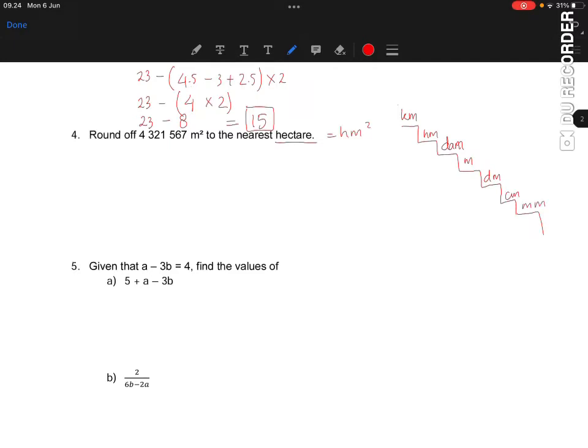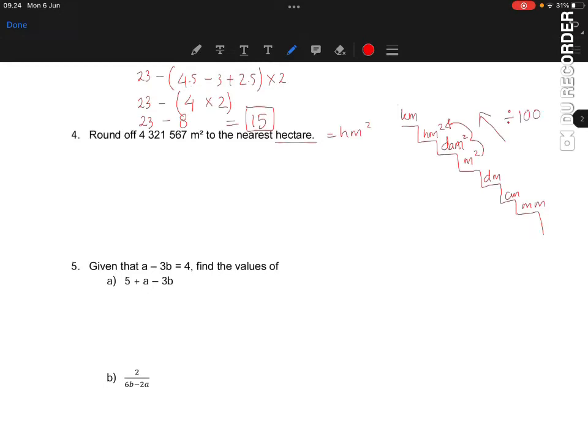At first we have meter to hectometer, right? So meter to hectometer, you need to go up the stairs, so it means it's going to be division. For every jump, because you have a square unit, you need to divide it by 100.